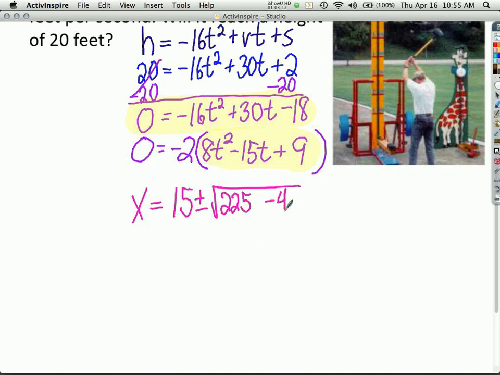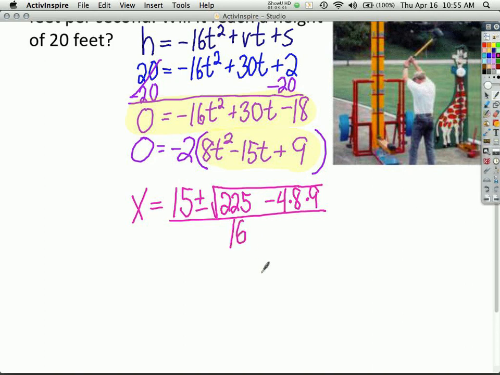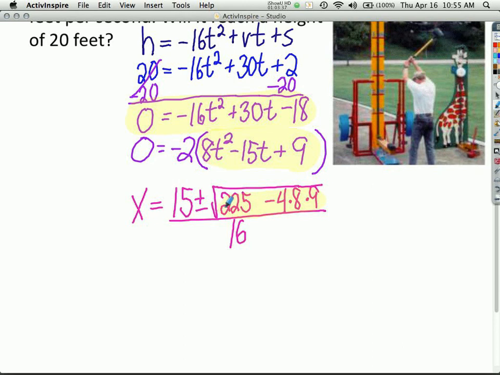Minus 4 times A times C, the whole thing over 2A, which is 8, and so that's going to be a 16. So the first thing to crank out is this part in here. So go ahead and focus on that. Go.